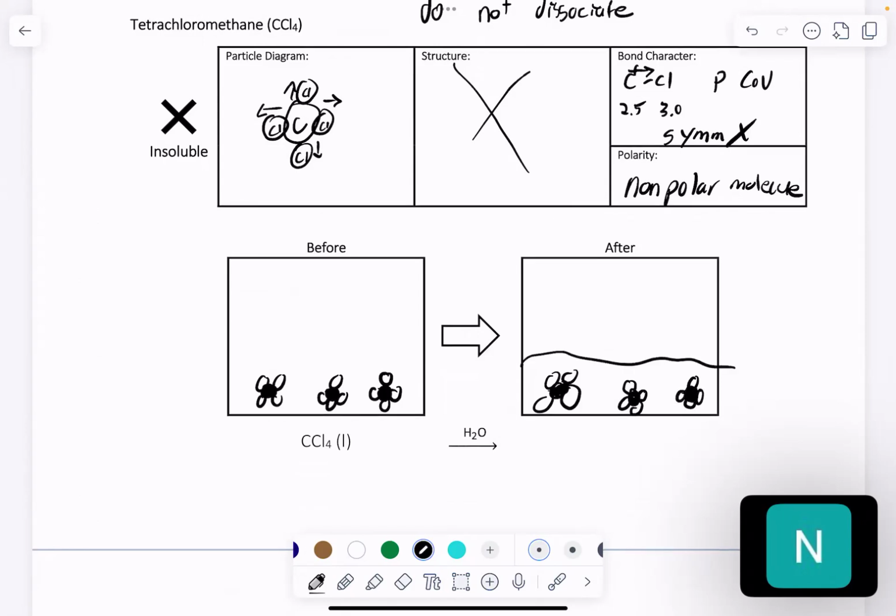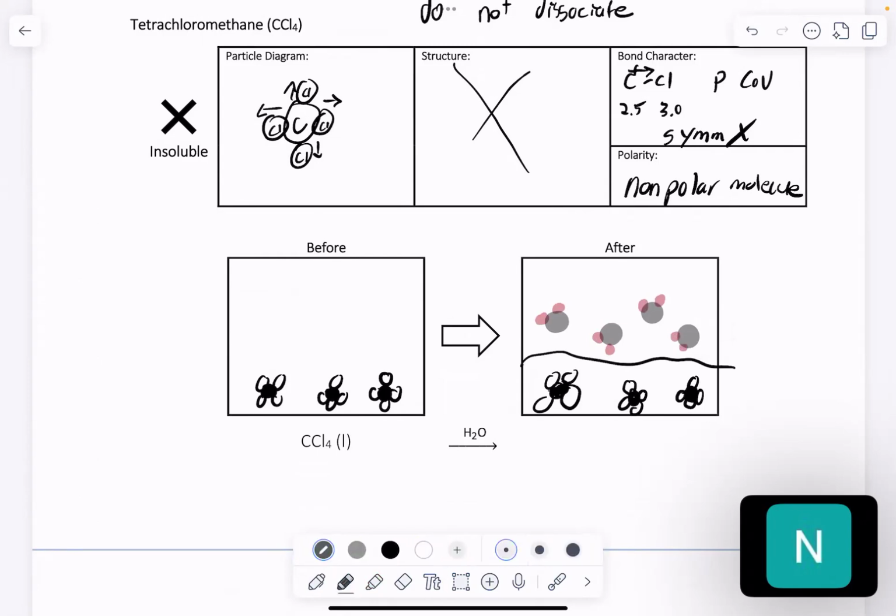In fact, what we would end up seeing is that instead of bonding together, we would form 2 separate layers of our water particles versus our CCl4s.